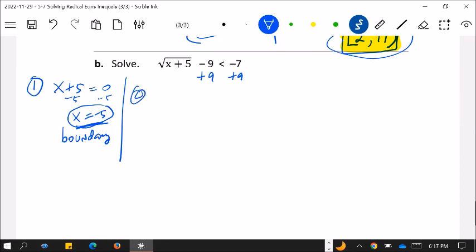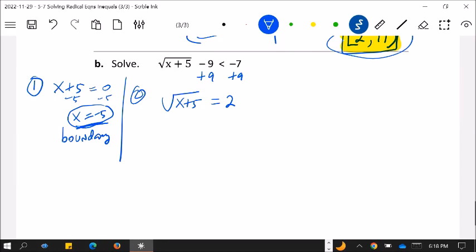The second thing now is to solve this just like normal. Okay, so I've just added 9 to both sides. I have the square root of x plus 5. And I'm going to do it as if it was equal. Negative 7 plus 9 gives me a 2.